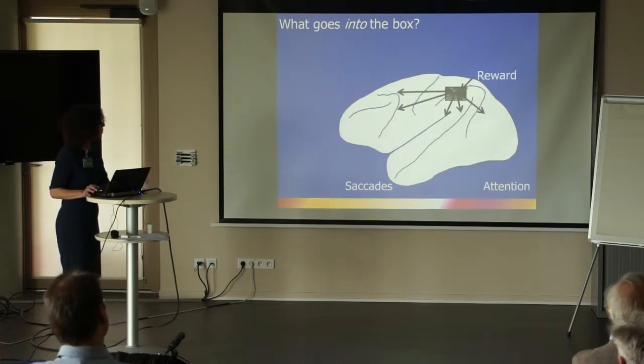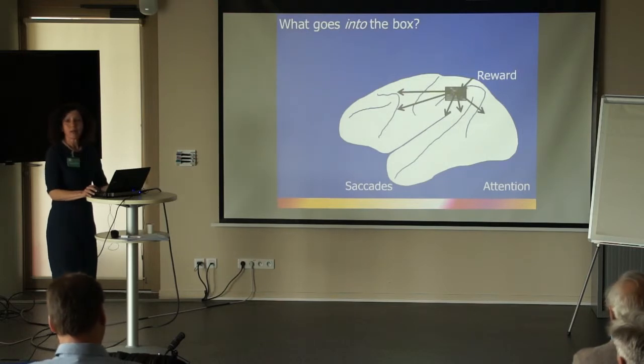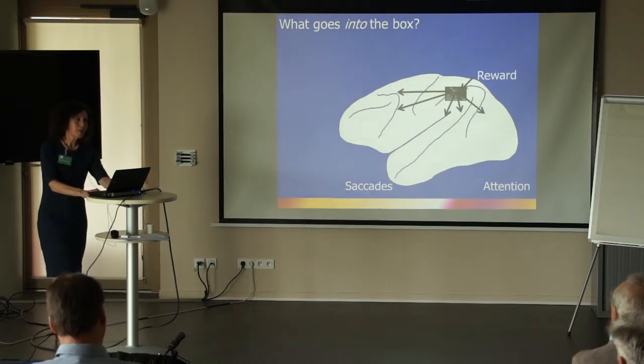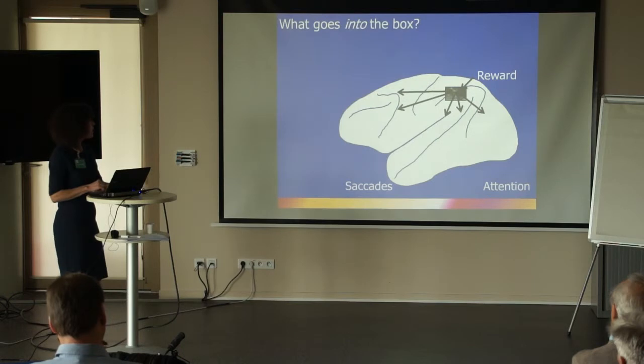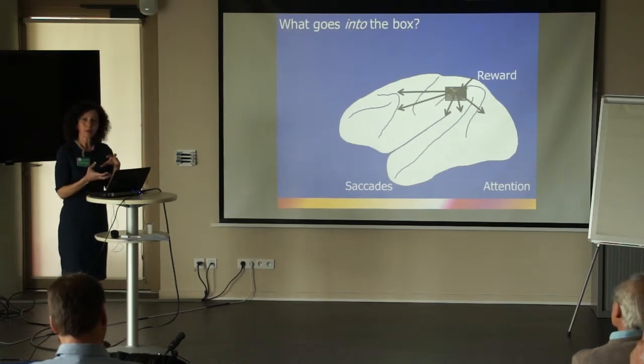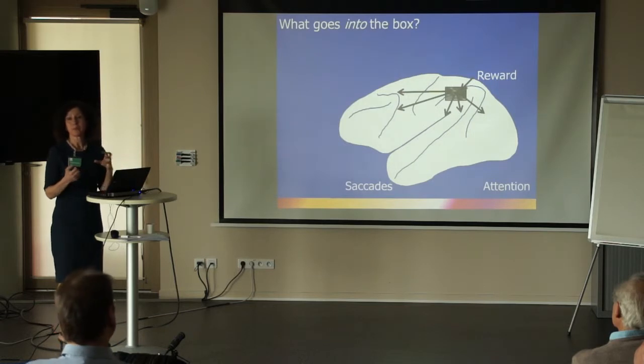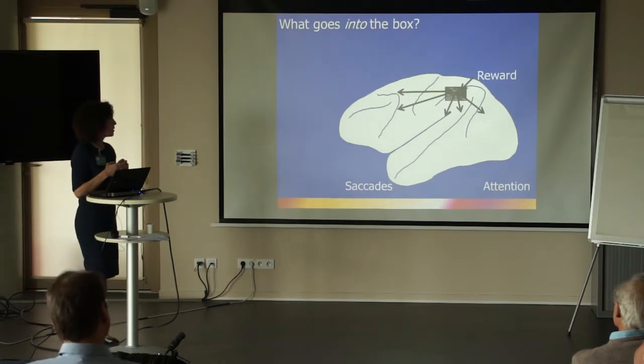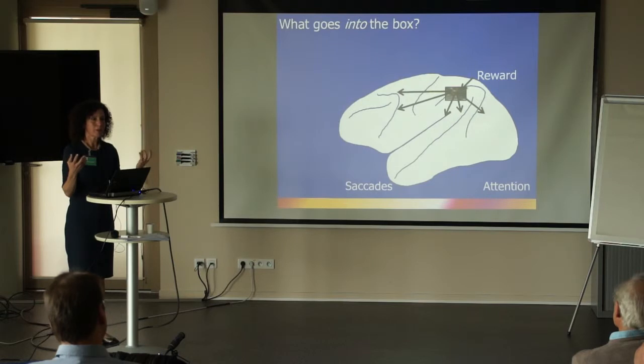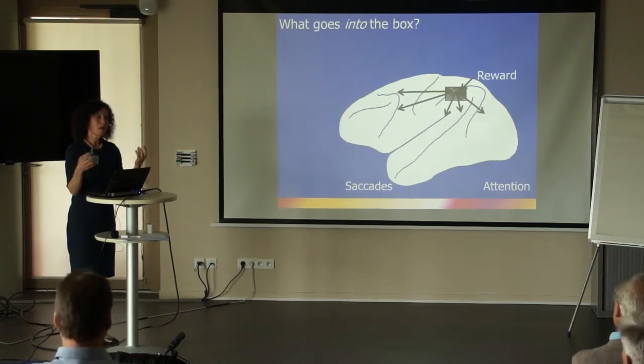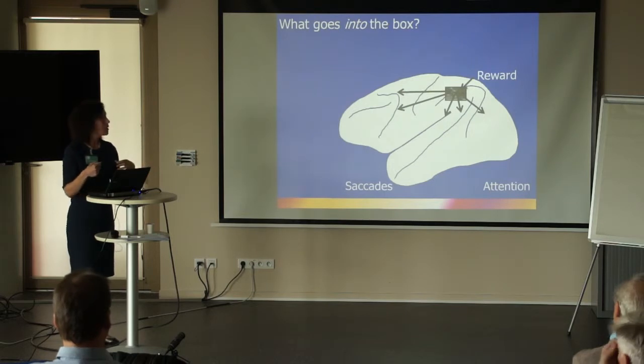Okay, so we have the beginning of an answer from experiments that tell us that the target selection response in LIP is sensitive to primary rewards. And this is done in experiments where, for example, you take a monkey and you put him in a lab and you show him two stimuli. Let's say one is red and one is green.